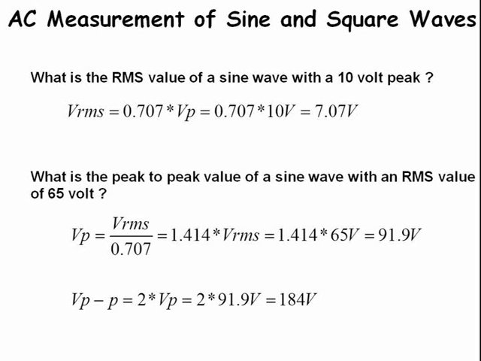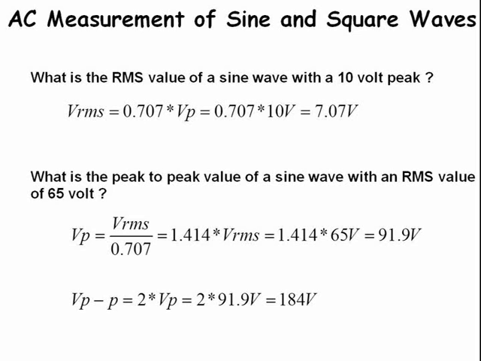What is the RMS value of a sine wave with a 10-volt peak? Well, volts RMS equals 0.707 times the peak voltage, which equals 0.707 times 10 volts, which is 7.07 volts. What is the peak-to-peak value of a sine wave with an RMS value of 65 volts?